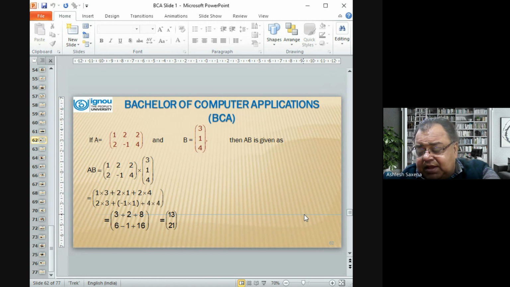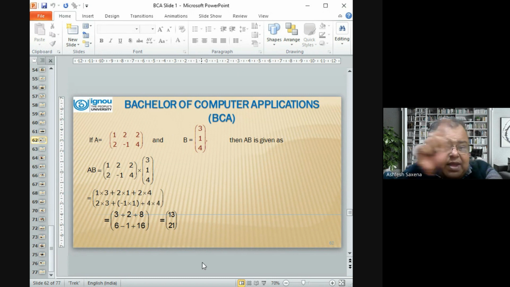Now remember one thing, how this is done. Always make a 7 in this form. These elements will be multiplied by these elements all together. Again, this and this. I will show you with another problem. First, try to understand what is depicted over here.